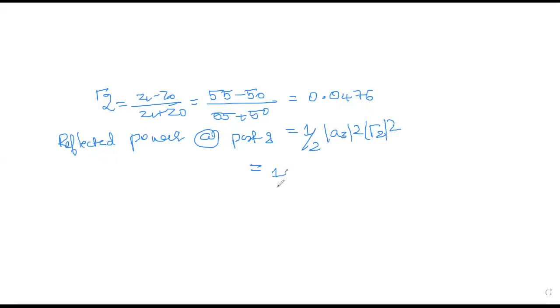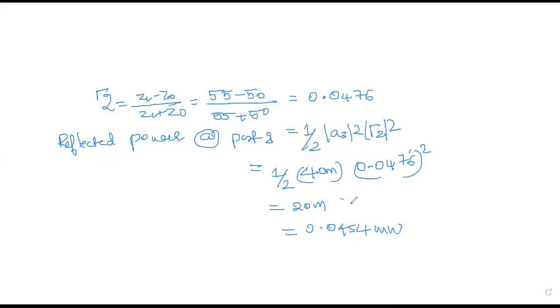So it is half into A3, which is 40 milli, and gamma 2 is 0.0476 square. So this is 0.0454 milliwatt. So this is 20 milli into 0.0476 square.